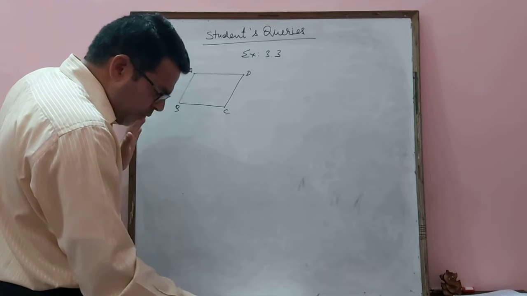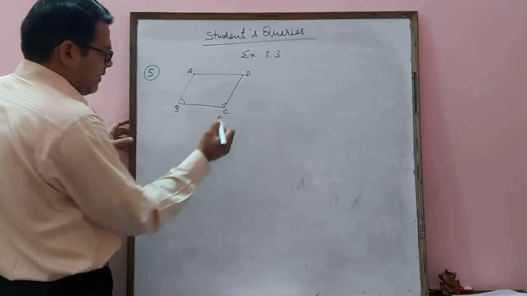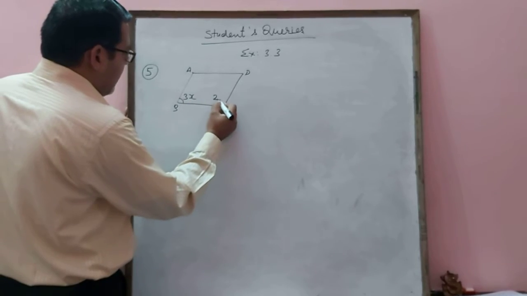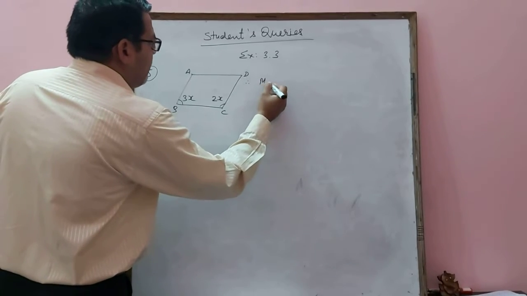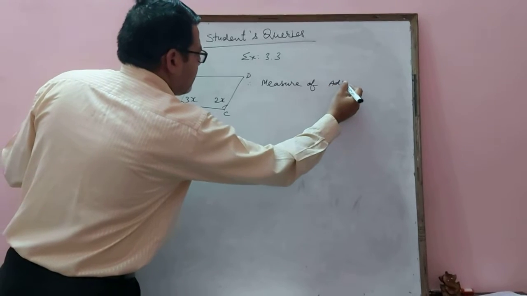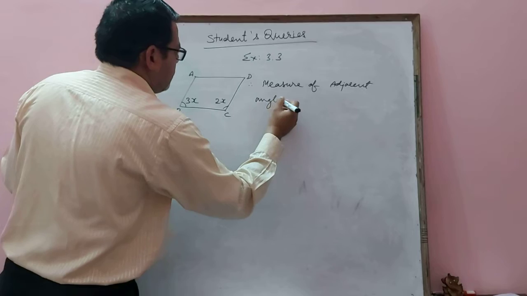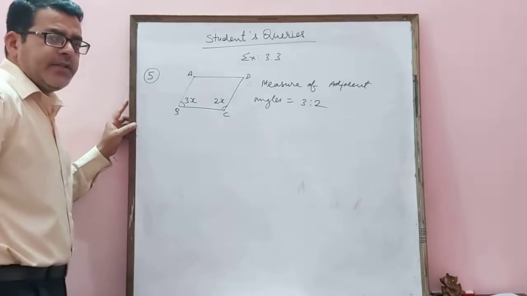And the measure of two adjacent angles. These are two adjacent angles. They are in the ratio 3:2.